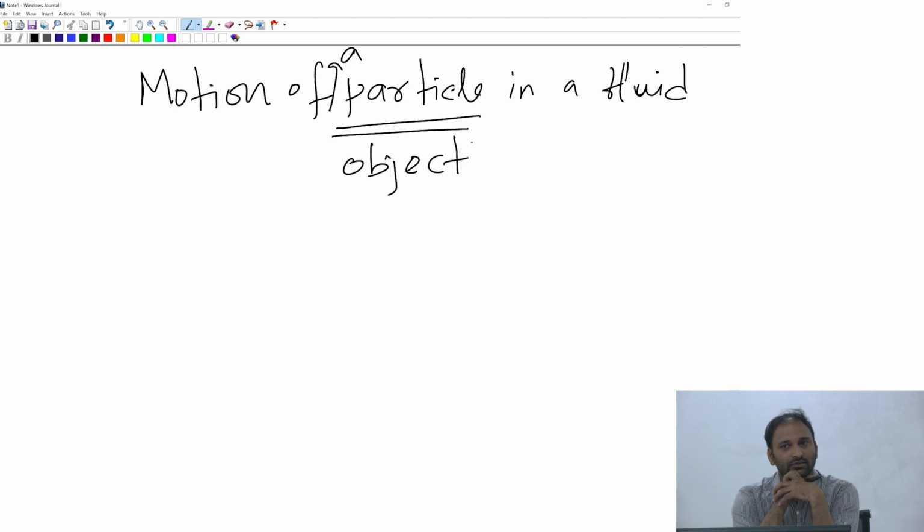Yes? Some examples? I'm sure all of you know. Some examples of, let's say, a submarine. If you have a submarine in, say, the sea, it's moving underwater.